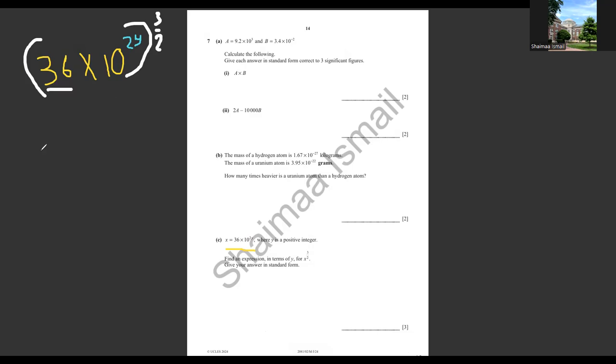The 36 all to the power 3 over 2, multiplying by the 10, here the 10 to the power 2y, all to the power 3 over 2. We solve it the same way, okay?